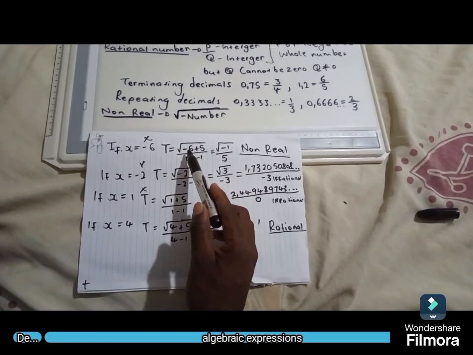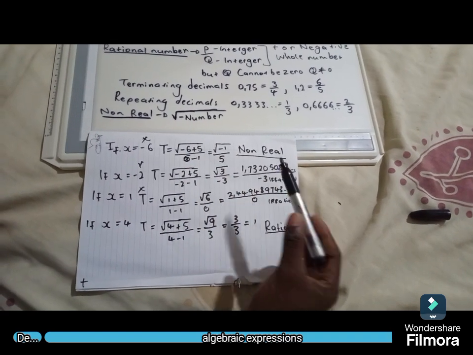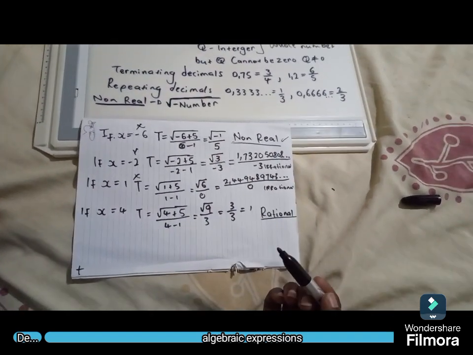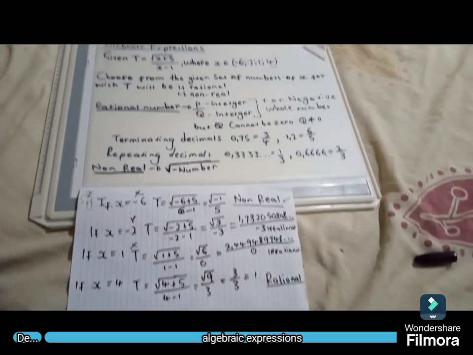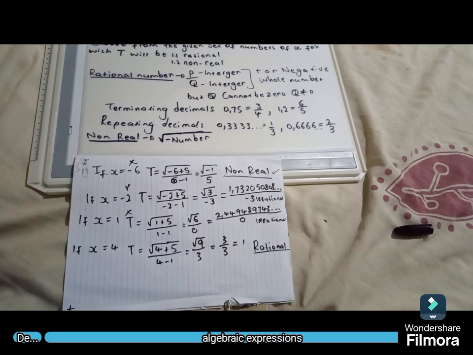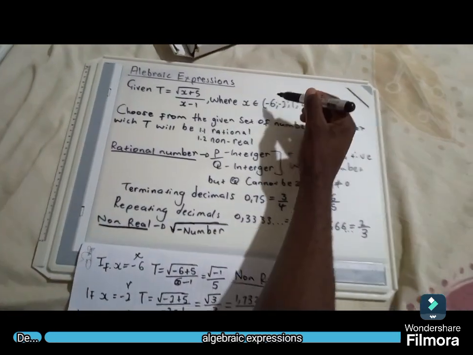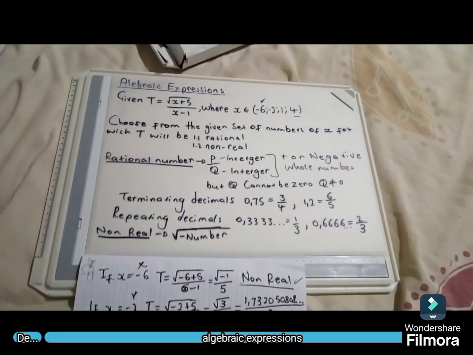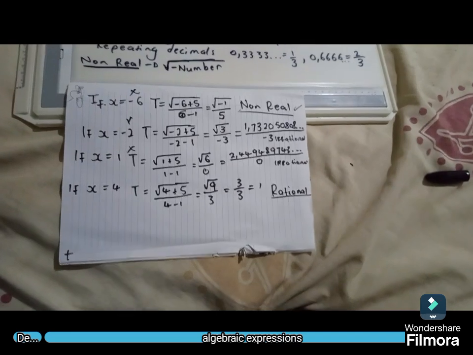If you input -6, we are getting a negative number under a square root, which is non-real. So you already solved the problem. You are now saving your time in a test situation. So that number is -6, which is going to make our equation non-real, right?